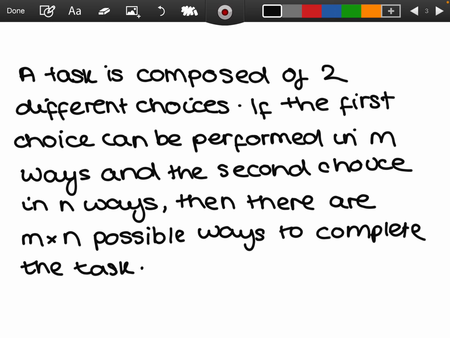Exactly like in our example, we had 4 ways of performing our first task of getting from A to B, and 3 ways of completing our second task of going from B to C. So there were 12 possible ways of completing the whole task of going from A to C.